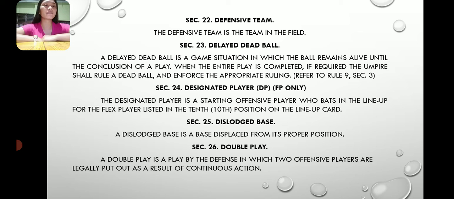Section 25, dislodged base. A dislodged base is a base displaced from its proper position. Section 26, double play. A double play is a play by the defense in which two offensive players are legally put out as a result of continuous action.